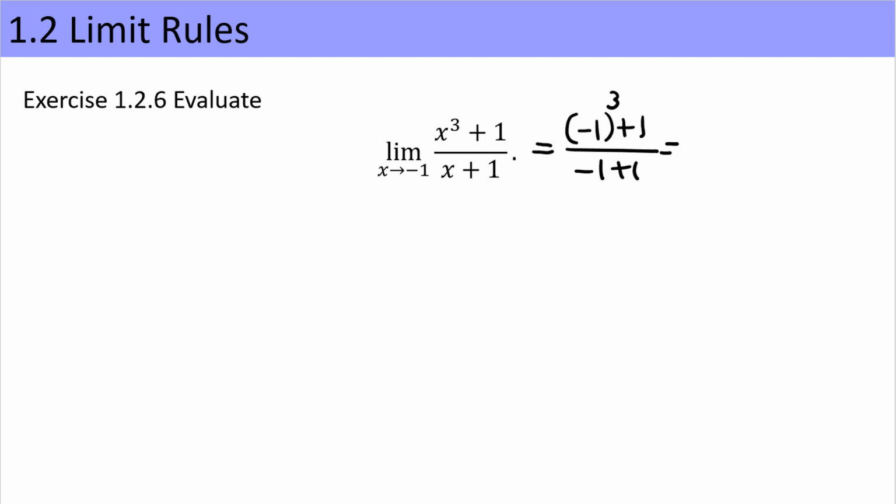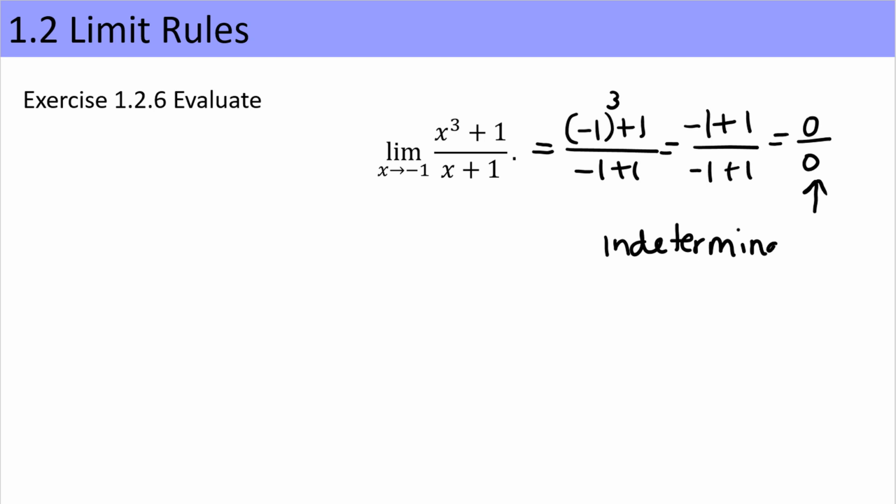A negative raised to an odd power remains negative, so we've got 0 over 0. And that's indeterminate. If you've got 0 over 0, we say that it is indeterminate, and it's a directive to do some algebra. So let's factor the numerator.